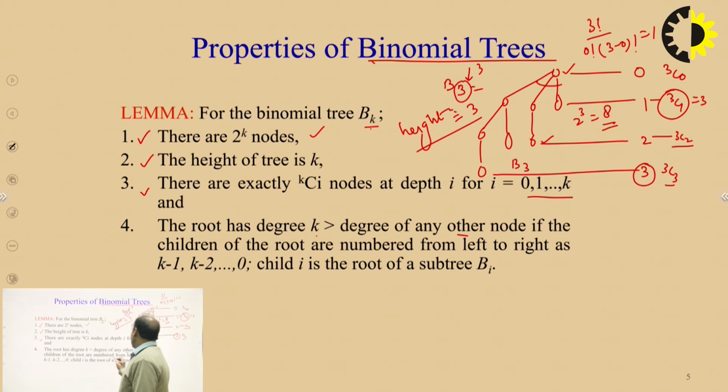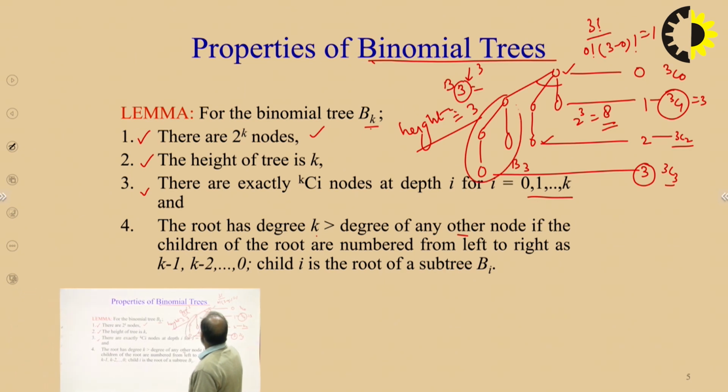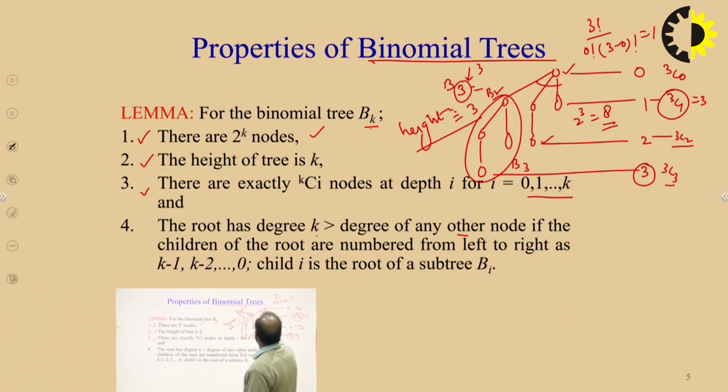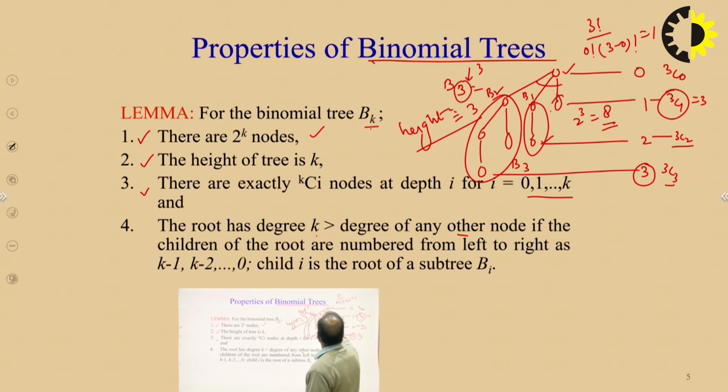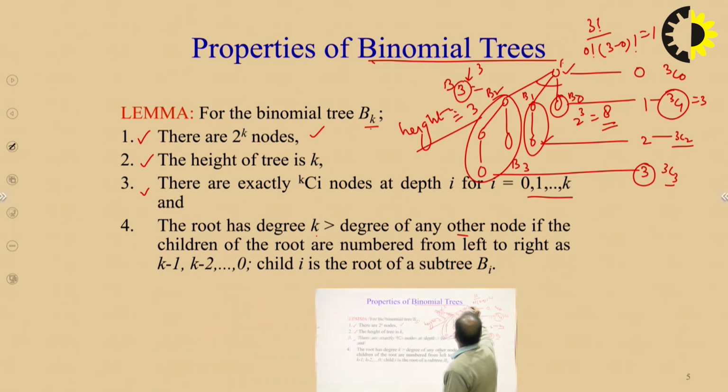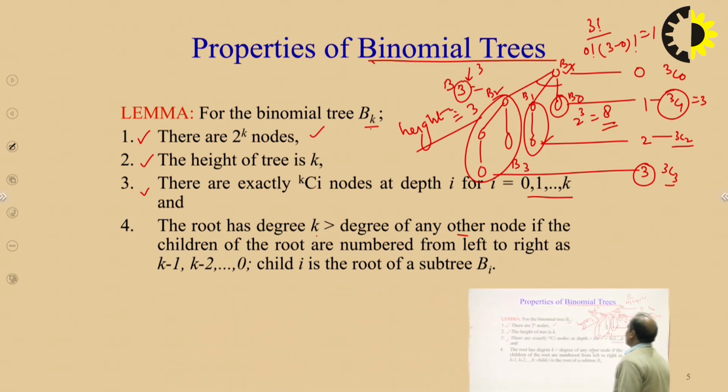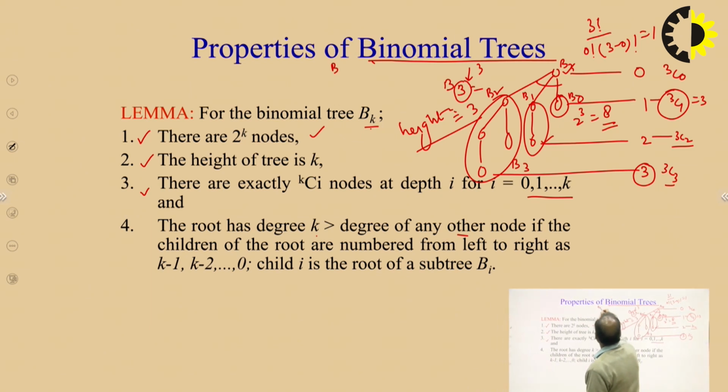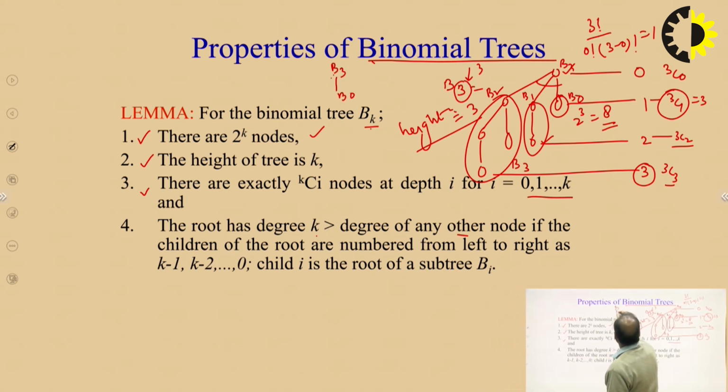On the other hand, if the children of the root are numbered from left to right as k minus 1, like this is B2, this is B1, this is B0. Yes, so this is B3 actually. B3 is nothing but B0, then B1, and then B2.